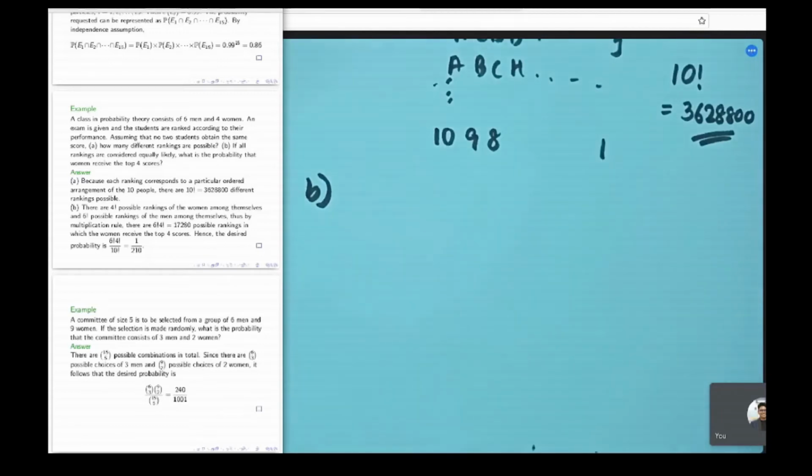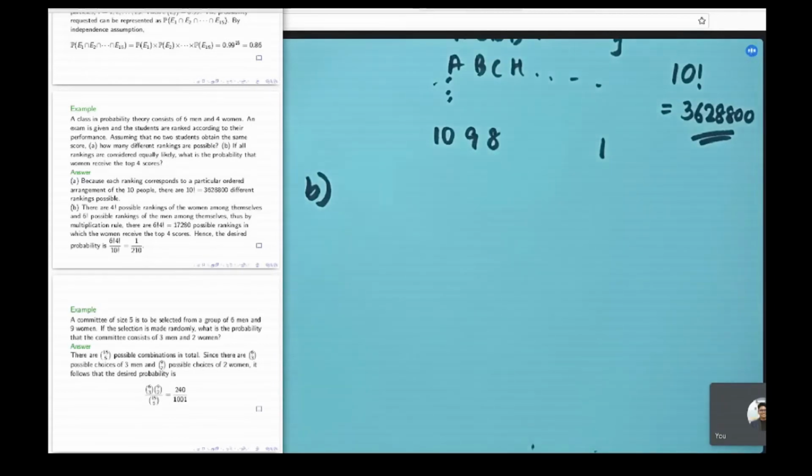What is the probability that women receive the top 4 scores and men receive the rest? In this case, we have to think about two possible sets inside the 10 possible options.